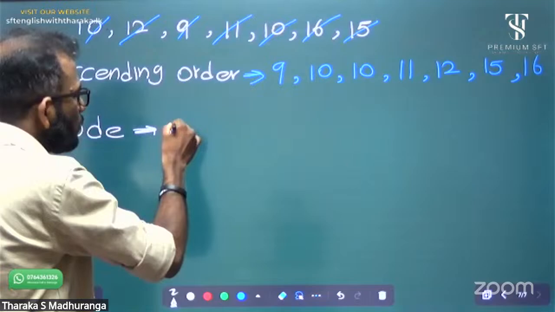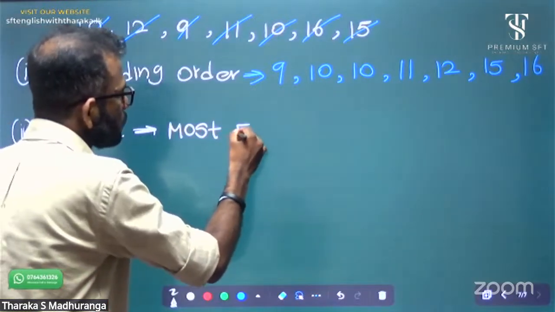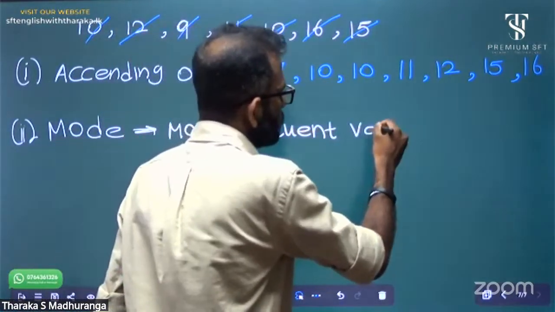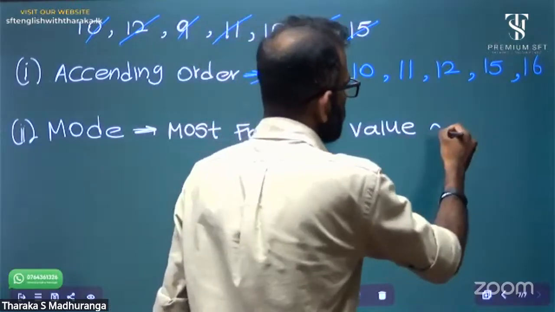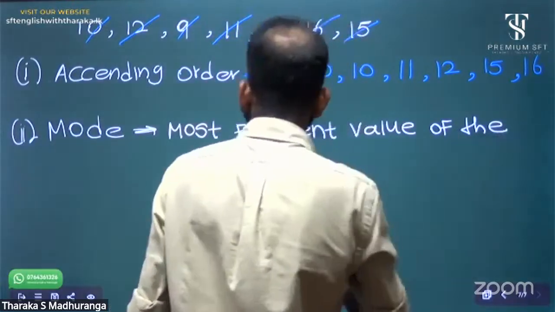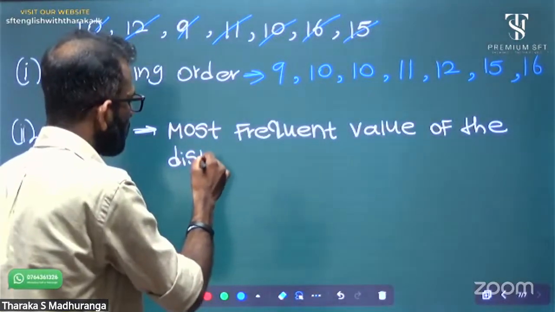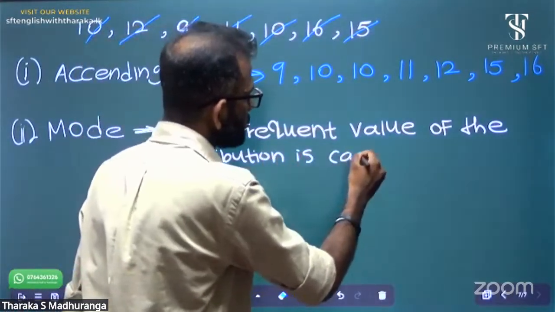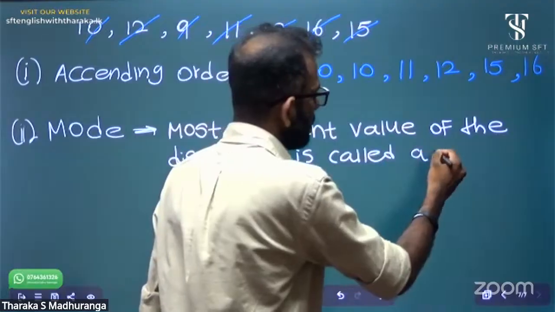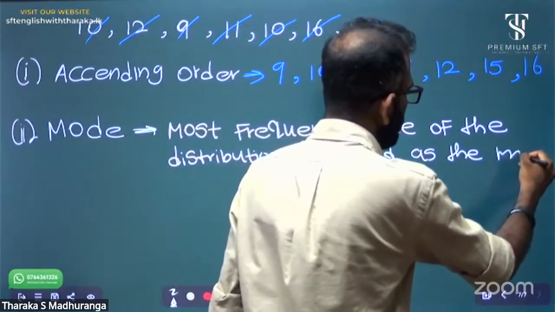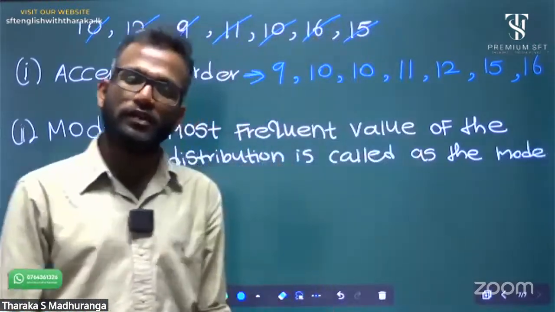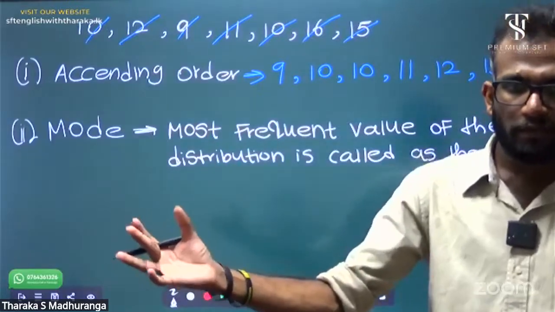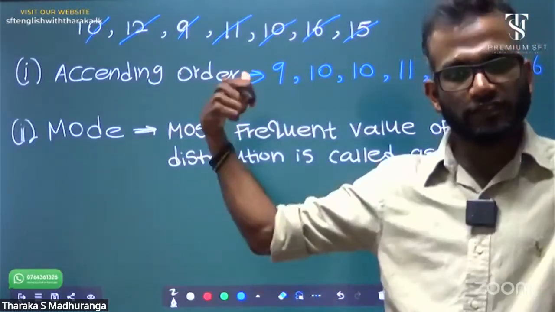Mode: most frequent value of the distribution is called the mode. The most frequent number or most frequent value. Okay, what is the mode of this distribution?